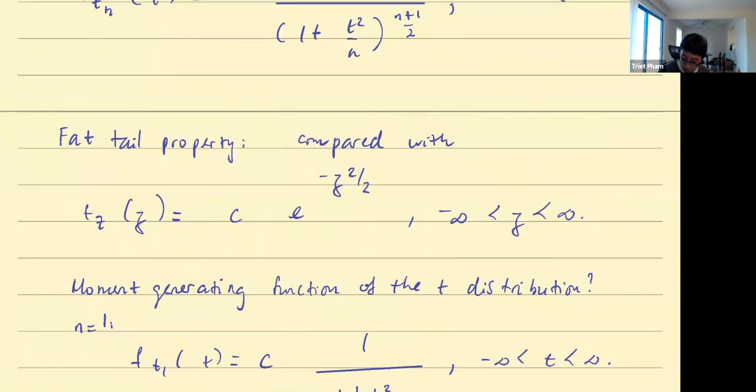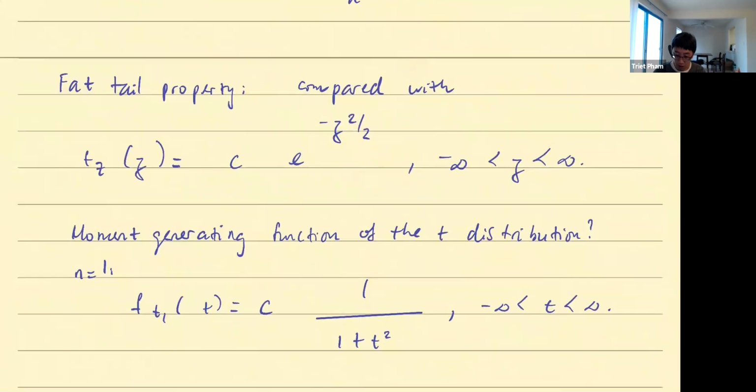Because this is 1 plus t squared to the power of minus 1. So I guess two questions. First of all, do you recognize this as a distribution you might have seen before in probability? There's a name for it. And second, because of that, you know what this C is.